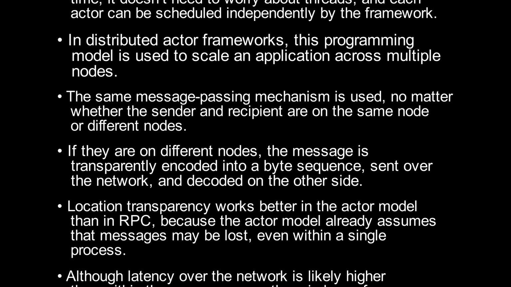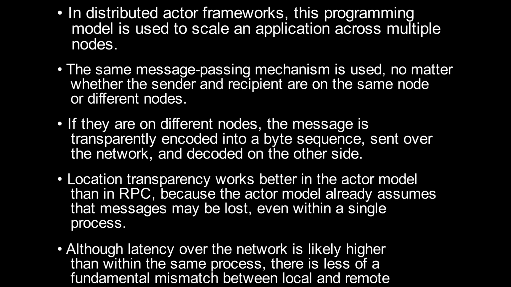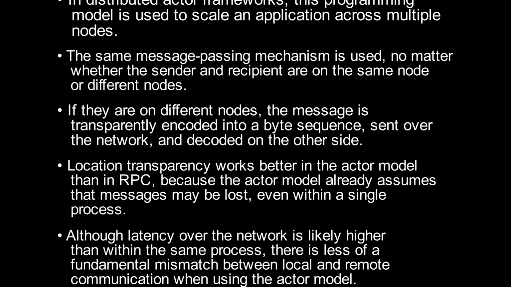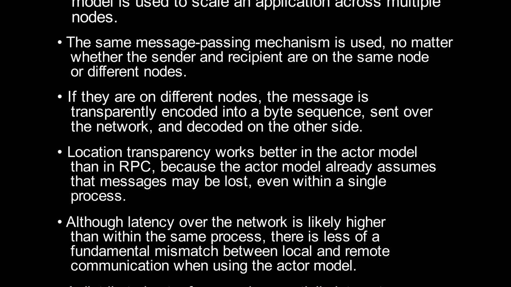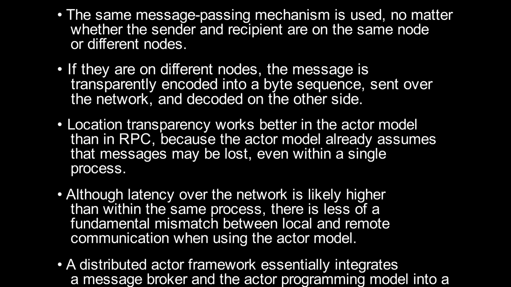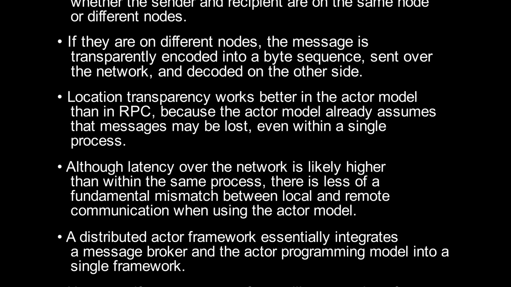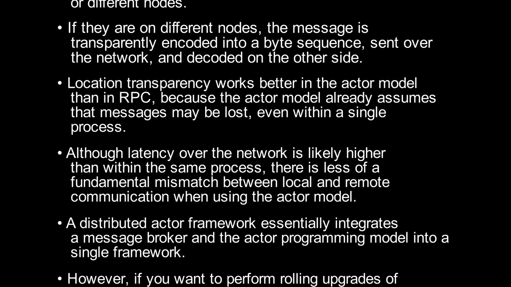Location transparency works better in the actor model than in RPC, because the actor model already assumes that messages may be lost, even within a single process. Although latency over the network is likely higher than within the same process, there is less of a fundamental mismatch between local and remote communication when using the actor model.